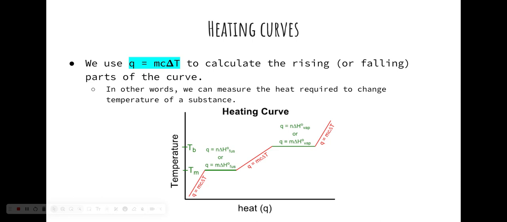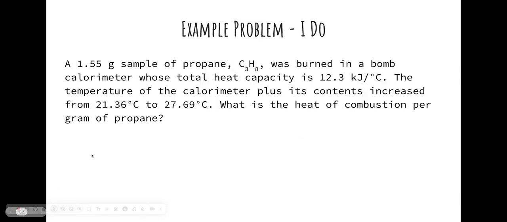I'm just introducing the idea that for the rising points of heating curves, we can use Q equals MC delta T to calculate how much heat is needed to raise the temperature of that substance by 10, 15, 20 degrees.